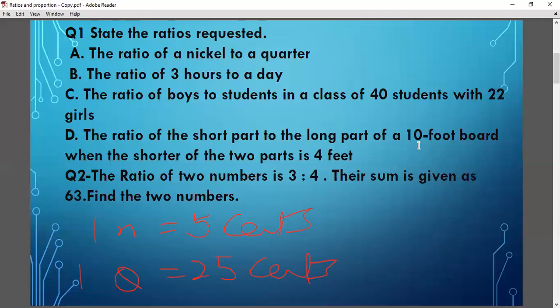Now in order to compare these two quantities, you simply plug in 5 over 25. So this becomes 1 over 5. Either you write 1 over 5 or 1 is to 5 as our final answer.